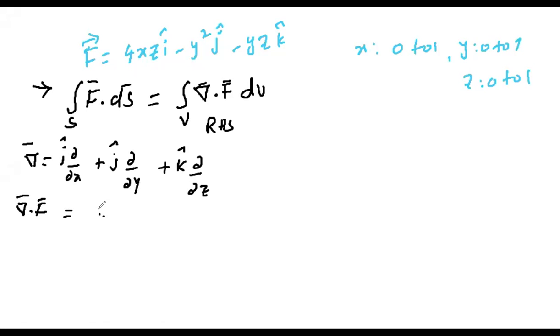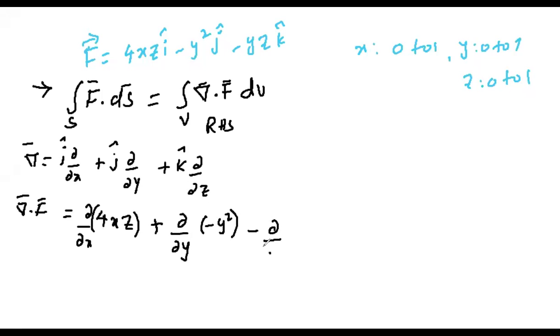I'm going to get ∂/∂x of 4xz, plus ∂/∂y of minus y squared, minus ∂/∂z of yz.